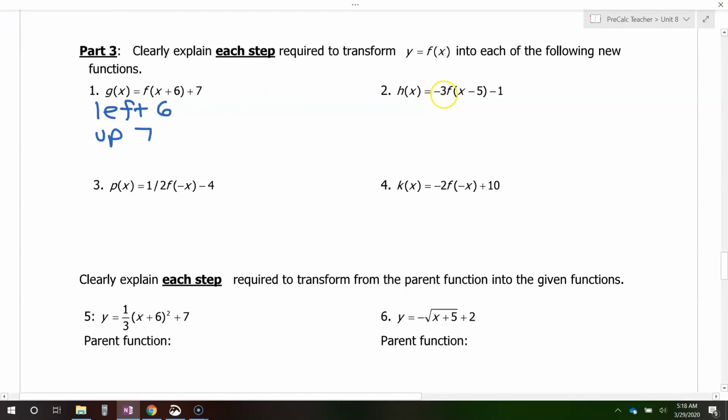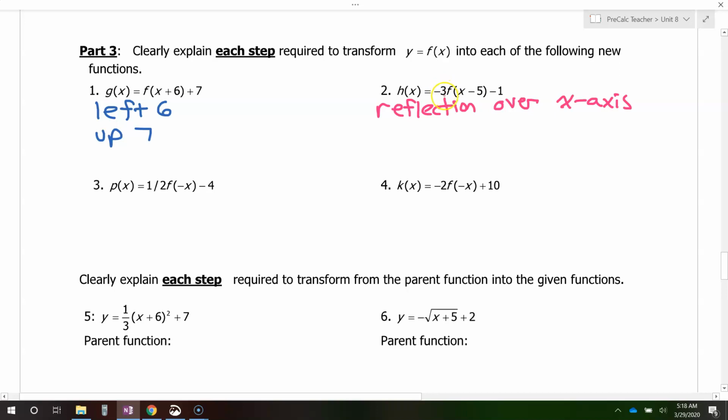Okay, I see 1, 2, 3, 4 transformations here. First of all, the negative sign in the very front means there's going to be a reflection over the x-axis. Now, ignoring the negative sign for a second, just look at the 3.